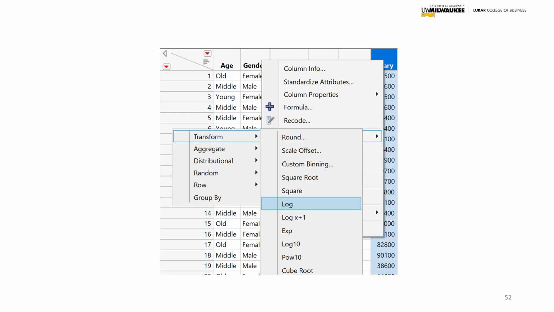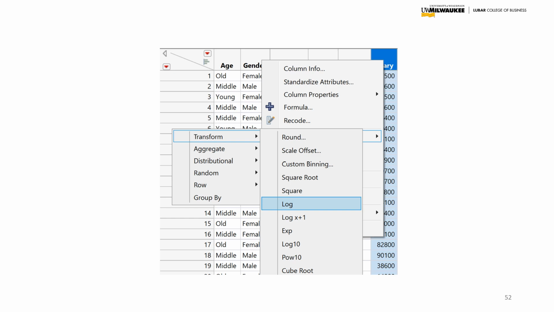If you think about the funneling in the direct marketing example, what is funneling? We have on the low end of X and Y the values tightly bound together, and as we move to larger X's and larger Y's, they start spreading out. So it would seem that we would want to transform both the X and the Y. I'm going to take the natural log of both variables.